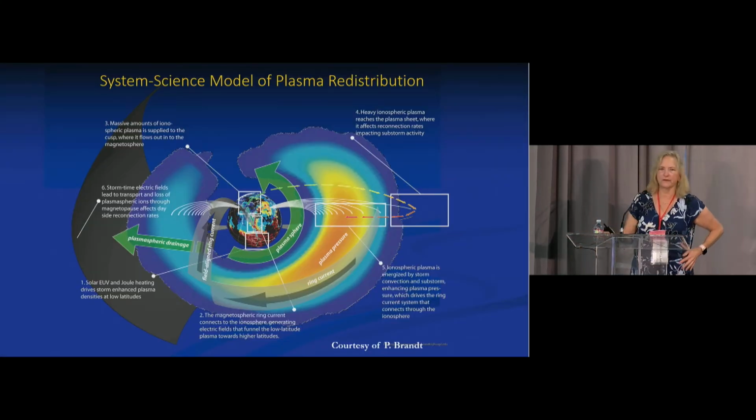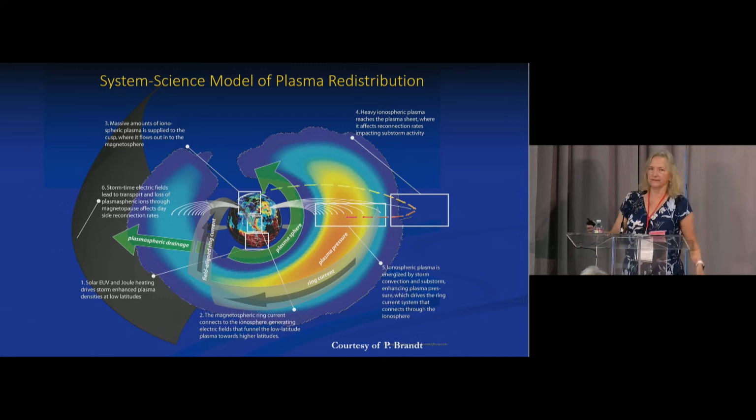So this is the only system science sort of idea you're going to get in this talk, but I just want to show you it really started taking off, I think, in the last decadal, and that's where we are actually starting to put all of the forces together and look at things as a whole. So we're looking at MI coupling, we're looking at lower atmosphere, upper atmosphere coupling.